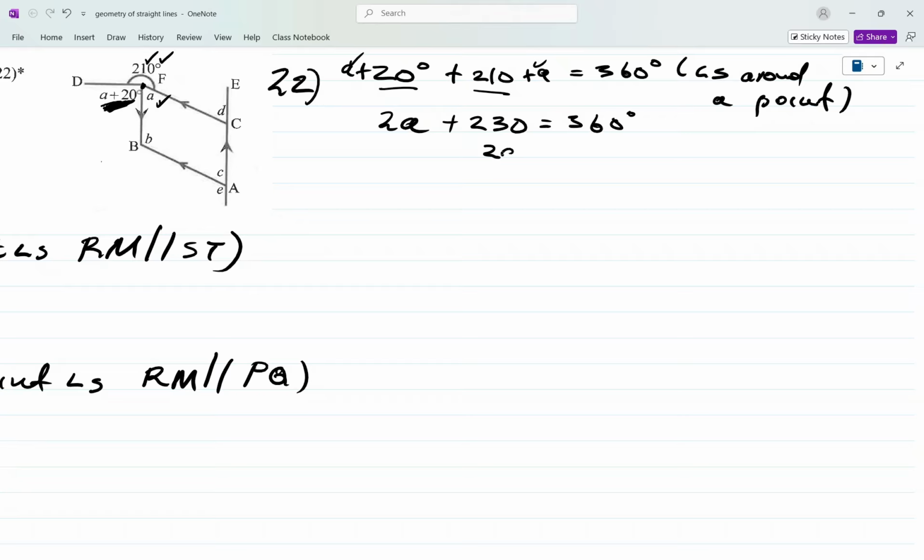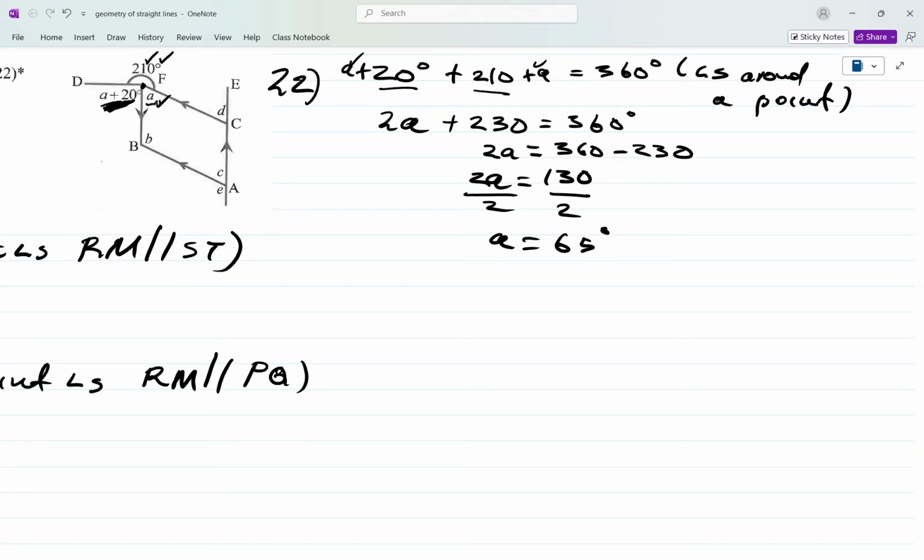You will end up having 2A equals 360 minus 230, which is 130. And then dividing by 2, your A will be 65 degrees.